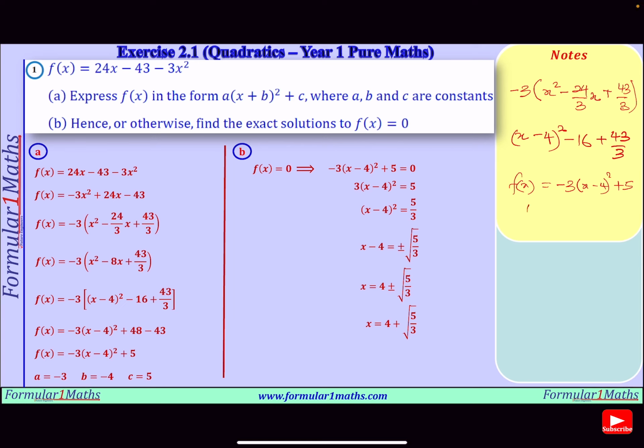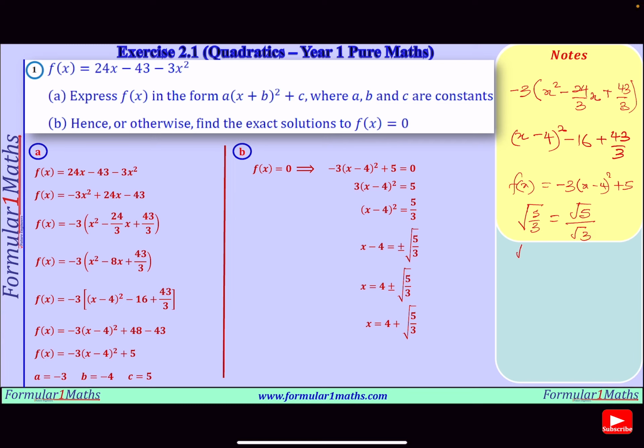But square root of 5 over 3 can be written as square root of 5 over square root of 3. I can now rationalize the denominator of this by multiplying both numerator and denominator by root 3.